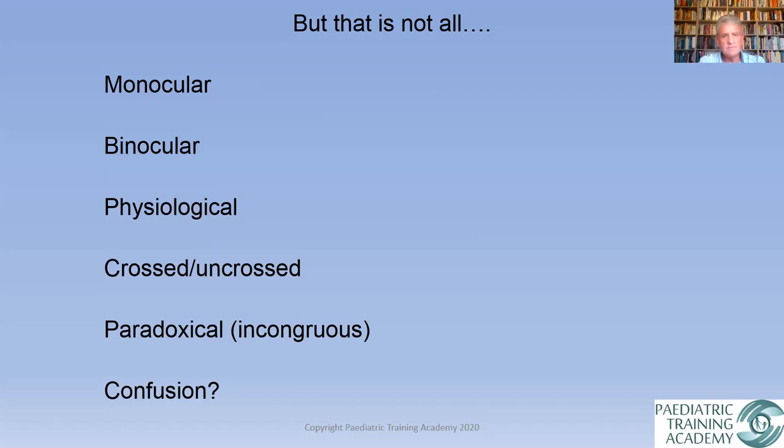One thing that isn't mentioned in any of the definitions that I've come across, or the four that I presented you with, is confusion. When you have diplopia, you have the doubling, or you're seeing two images of the same object. Confusion is when you have two different objects or two different images superimposed on each other. And whenever you have diplopia, you almost always have confusion at the same time.